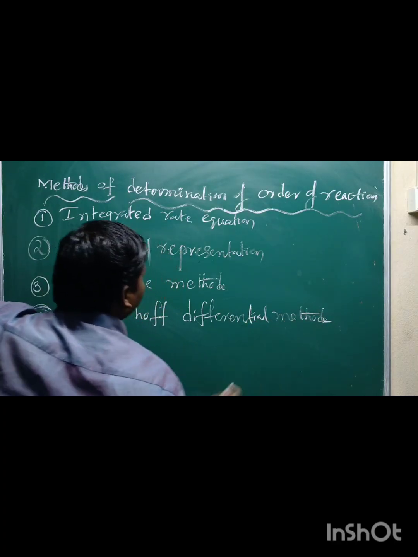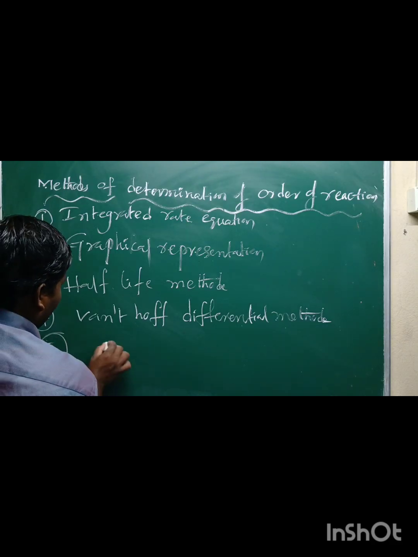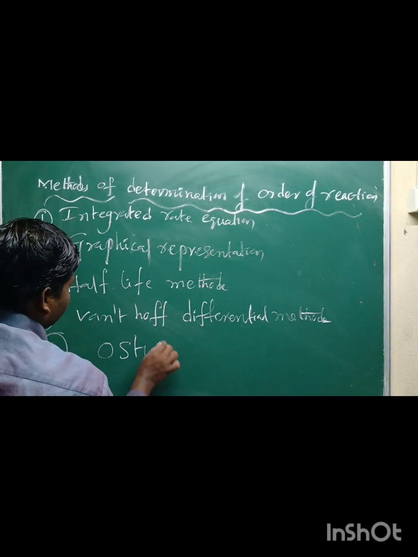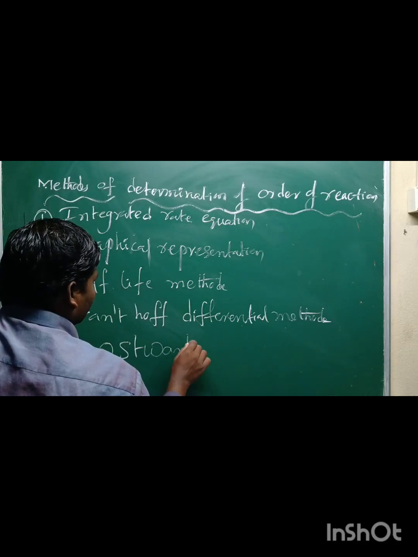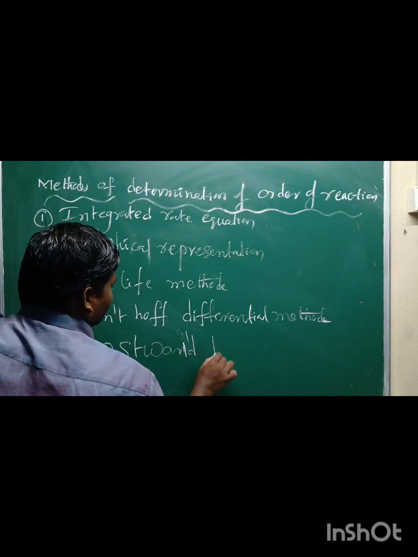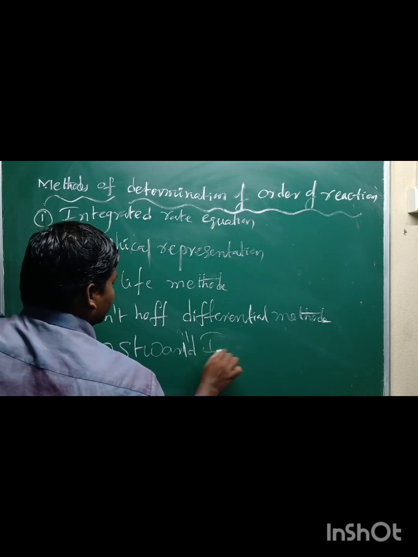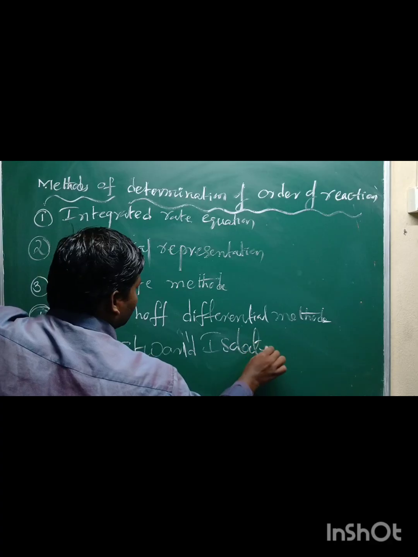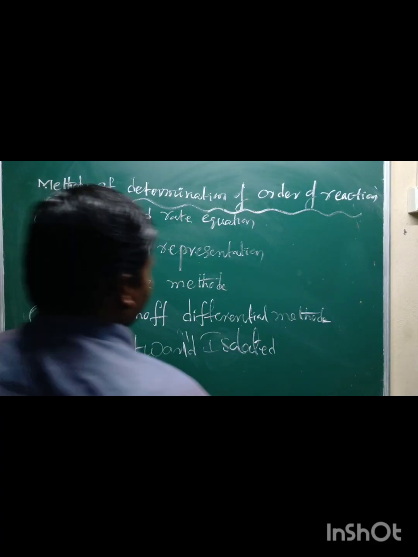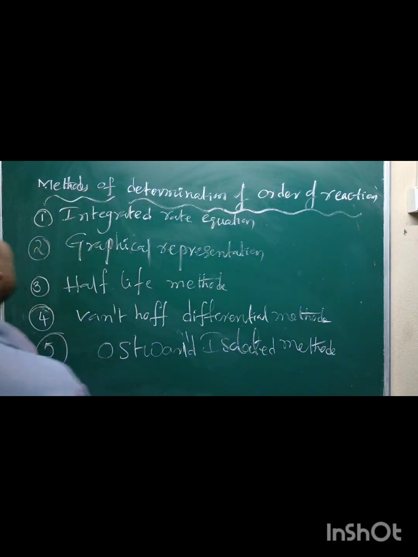And finally, Ostwald's isolation method. So there are five methods to determine the order of the reaction.